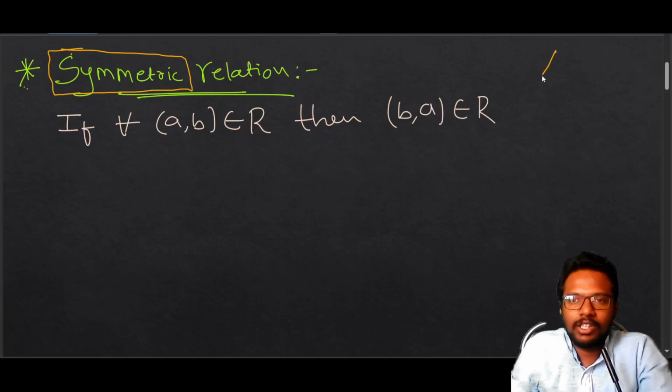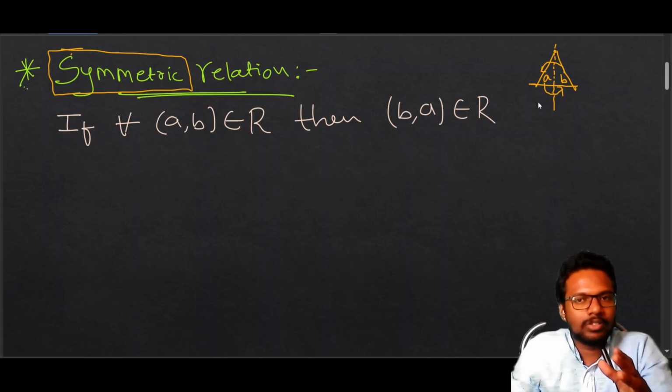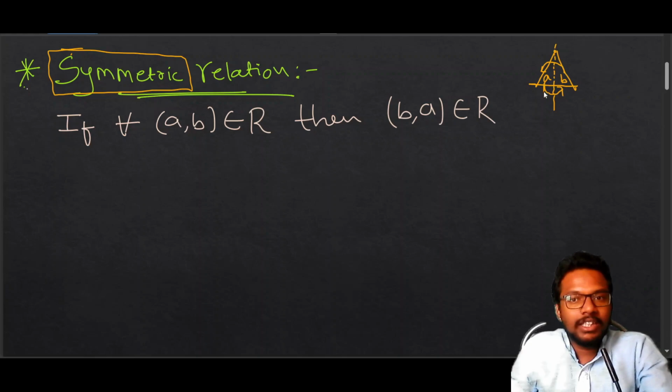For example, if I consider a triangle and cut it into two parts, naming the left part A and the right part B, then A is symmetric to B and B is symmetric to A. These two parts look similar. In relation, if A is related to B, then indirectly B is also related to A. Then this relationship is nothing but a symmetric relation.